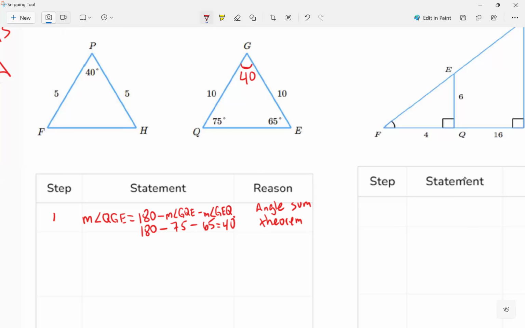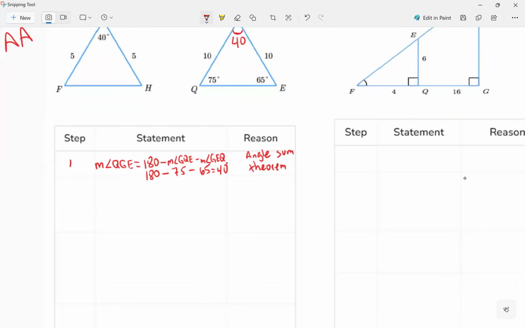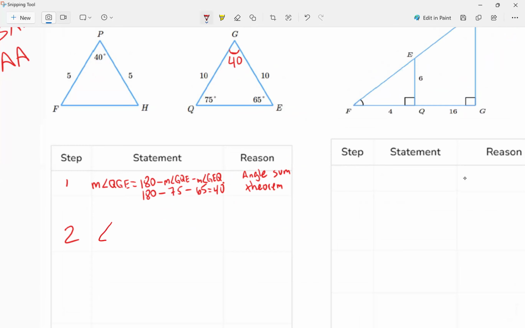So I'm going to say my step number two, I'm going to say my angle FPH is congruent to my angle QGE. I was just basically saying this 40-degree angle is congruent to that 40-degree angle. Well, how do I know that?